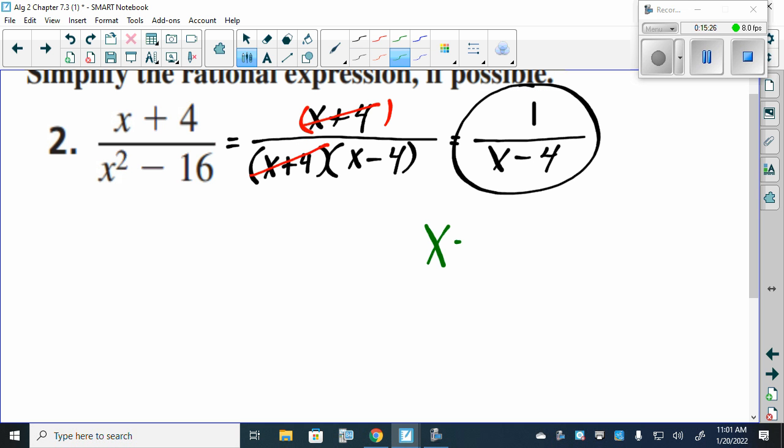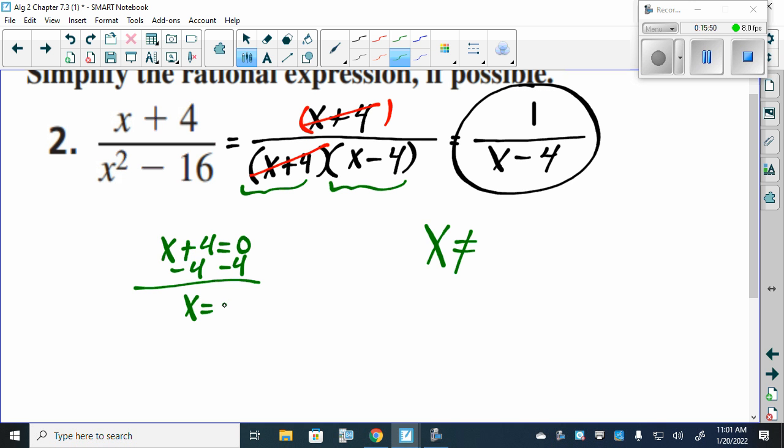But if we wanted to look at the restrictions, we're really looking at what is going to make both of these here be what? 0, because it can't be 0. Because we could set them equal to 0 to solve to see what x plus 4 would be 0. Well, we would subtract 4, telling me x is equal to negative 4, so x cannot be negative 4.